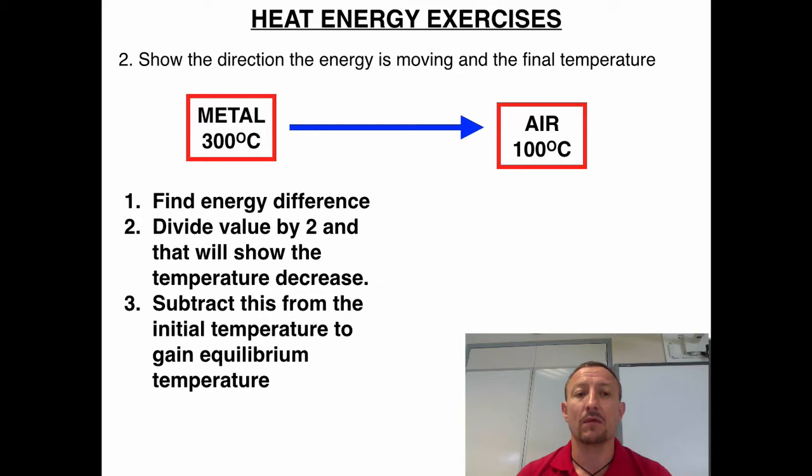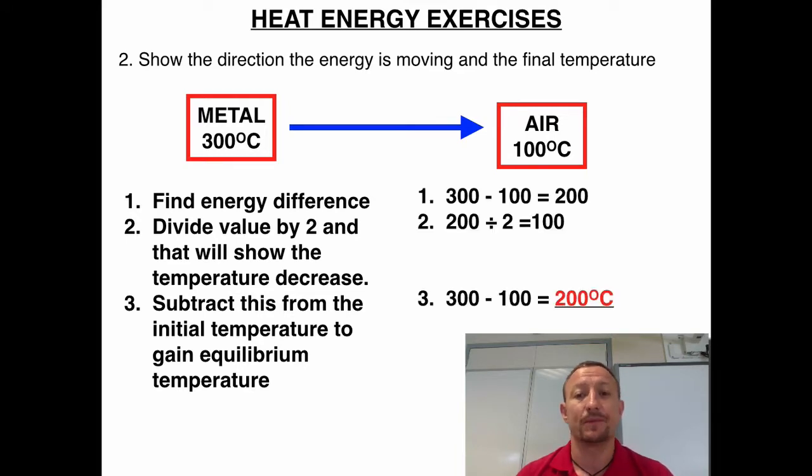Then we follow our rule. So the first thing we need to do is to find the energy difference, which is 200 degrees Celsius. Divide that by 2, so that now we've got equal sharing between the two scenarios. So we've got 100 degrees C is going to move from one place to the next.